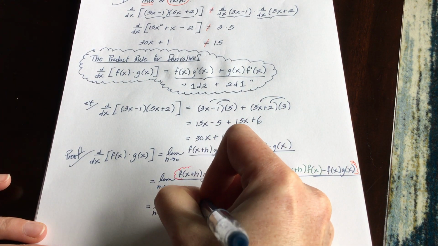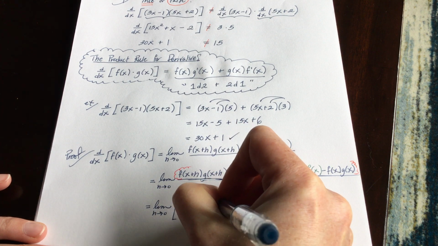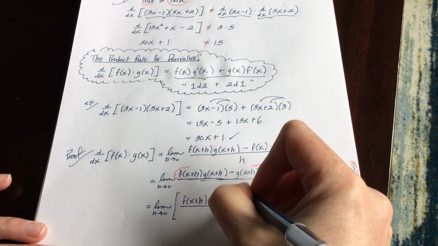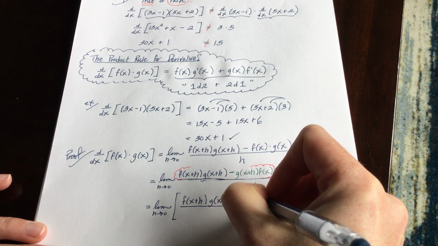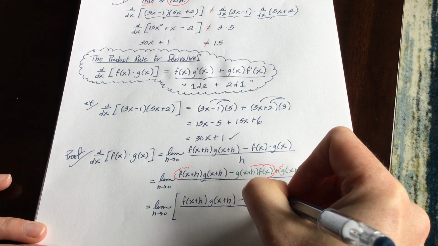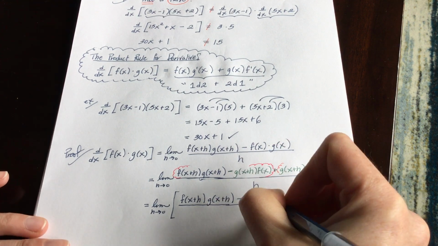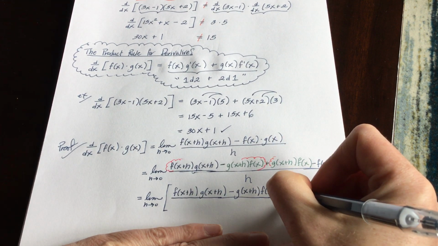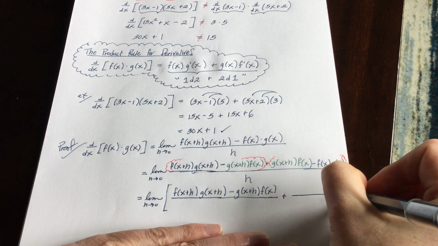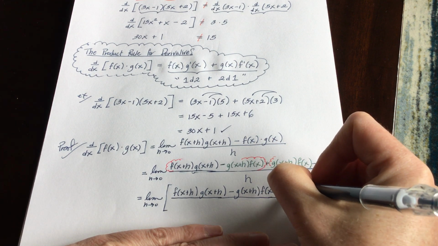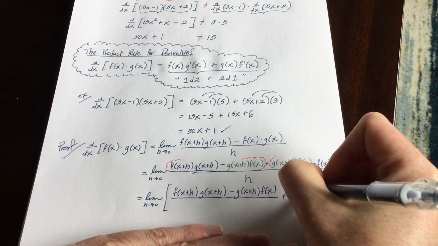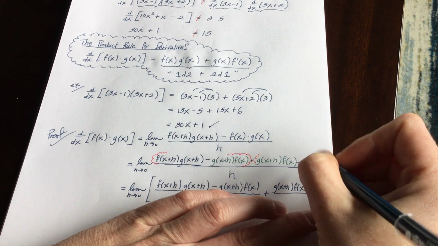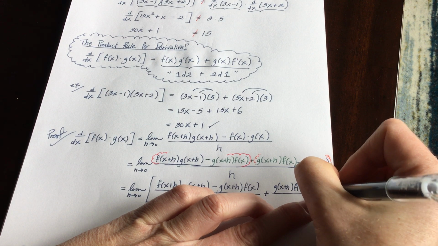So f of the quantity x plus h times g of the quantity x plus h minus, I need to learn how to write smaller, g of the quantity x plus h times f of x. And then that would have to be added to g of the quantity x plus h f of x minus f of x times g of x.